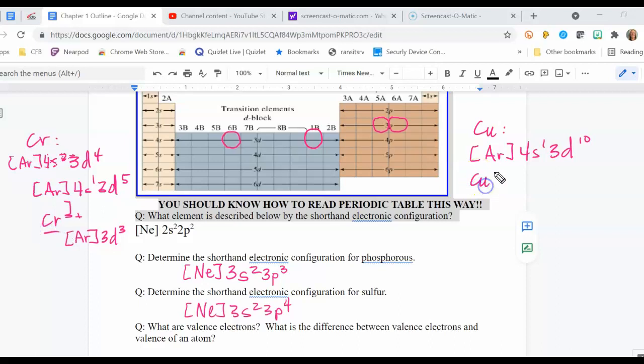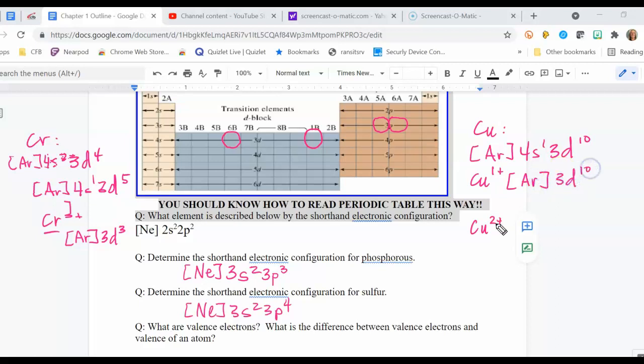What about copper 1 plus and copper 2 plus? Copper 1 plus does exactly what you would expect. It takes the 1 electron from the 4s, so you end up with [Ar] 3d10.